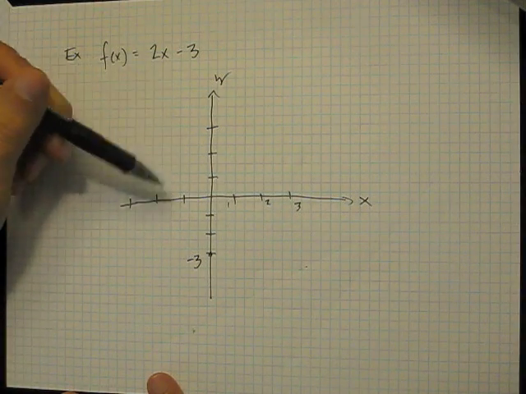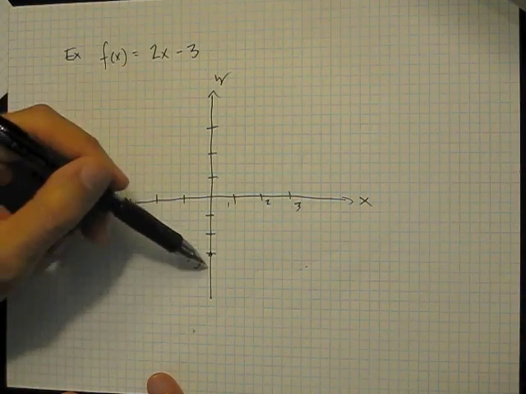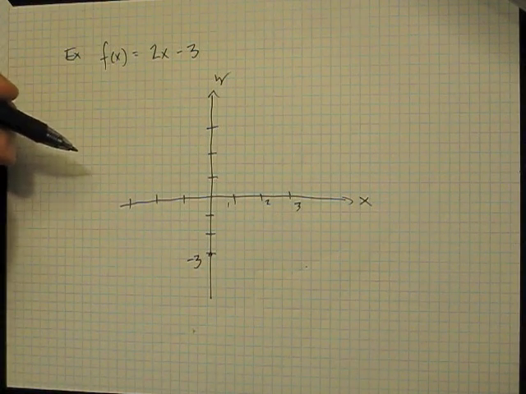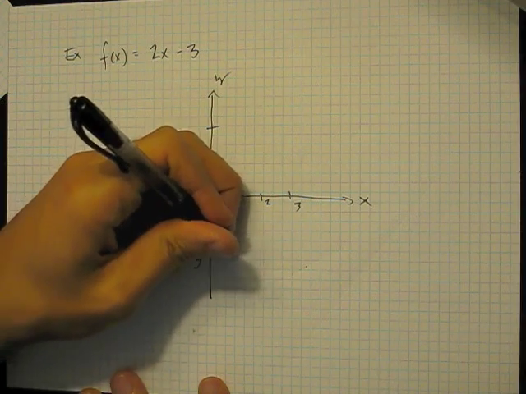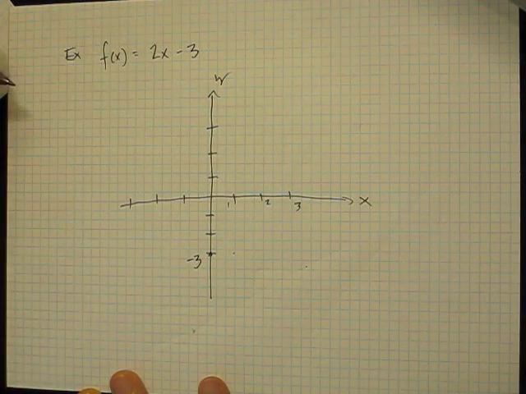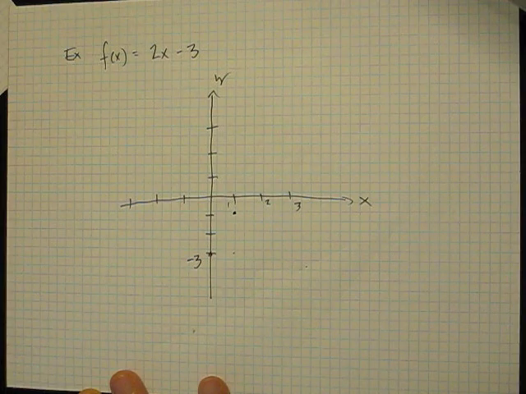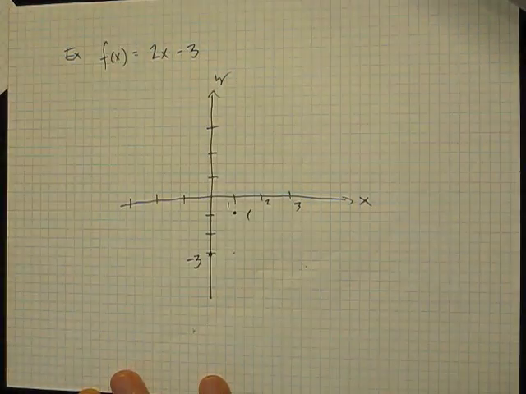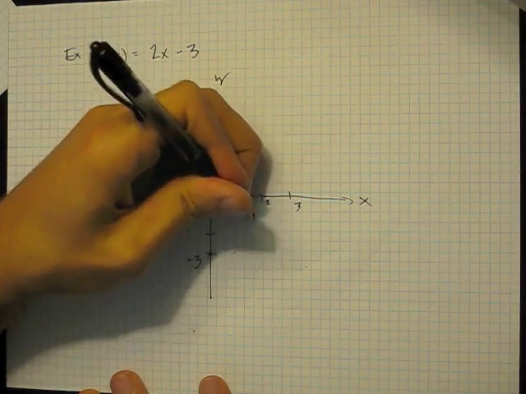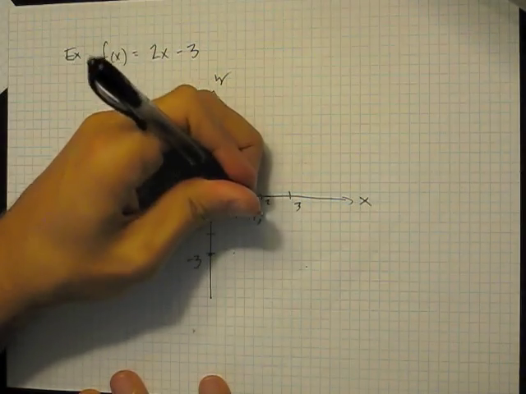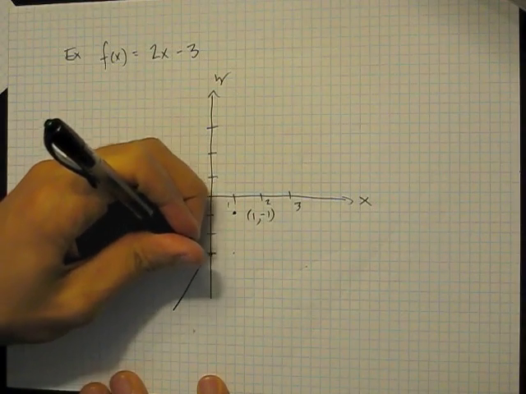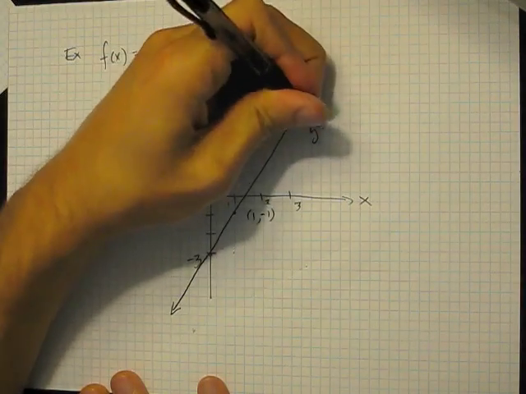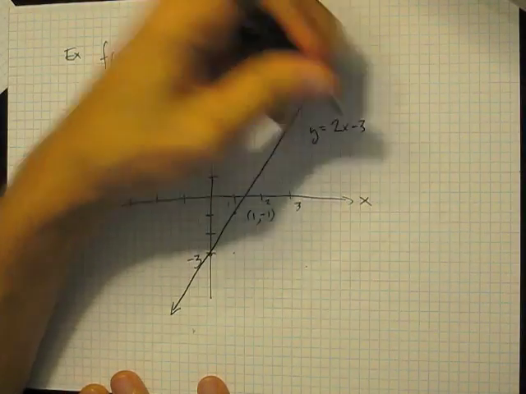So this is a line that passes through minus 3 on the y-axis and has a slope of 2. So for every one value that you go over in the positive x direction, you should go up 2 in the y direction. So that's it. So this point right here will be at the x value of 1 and the y value of minus 1, and then our line looks like this. It just passes right through that point, like so. So this is the graph of y equals 2x minus 3.